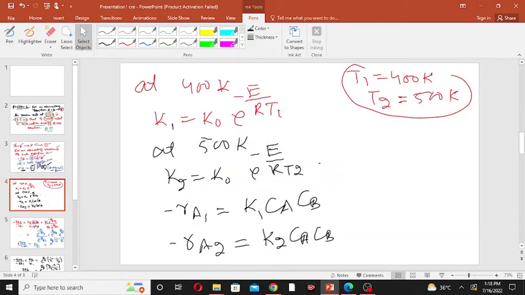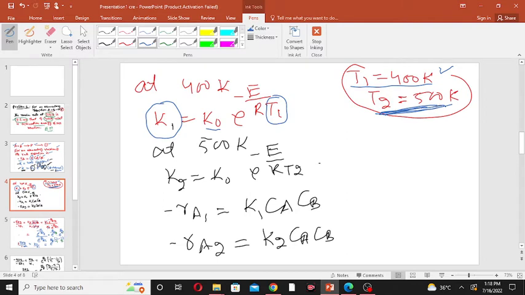Now at 400 Kelvin, the rate constant is K1, and K1 is equal to K naught into e to the power minus E divided by R T1. Here T1 is 400 Kelvin and T2 is the final temperature, the temperature of the second reaction, which is 500 Kelvin, the higher temperature.